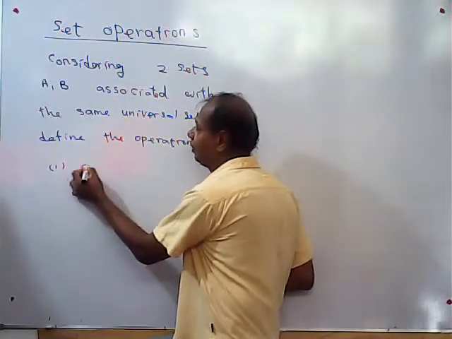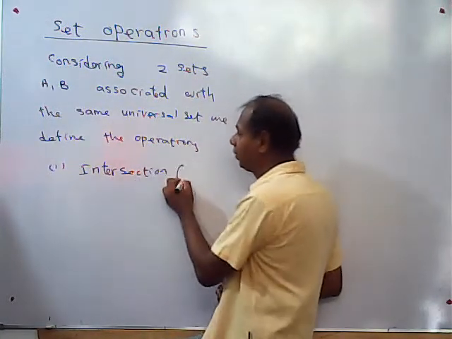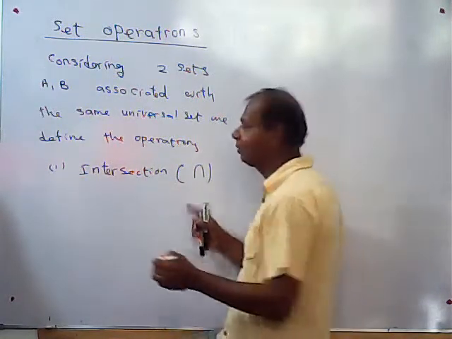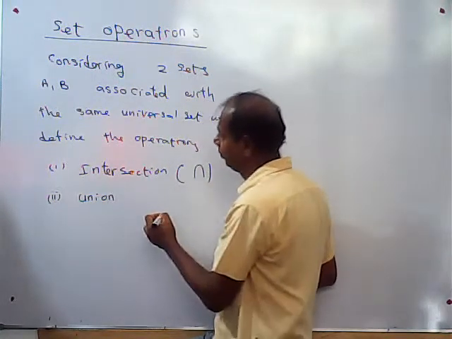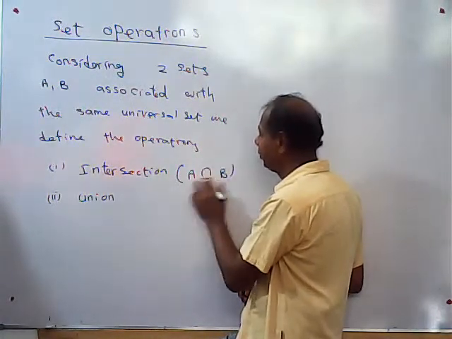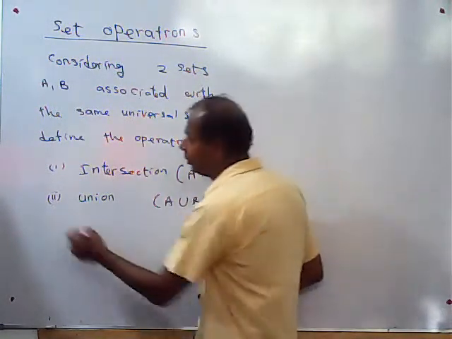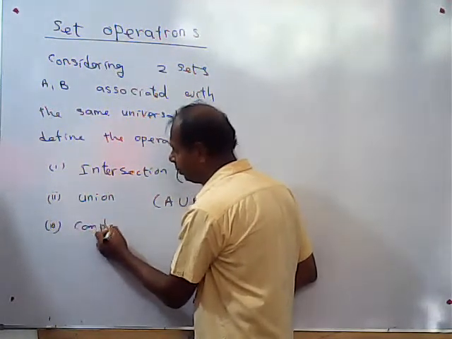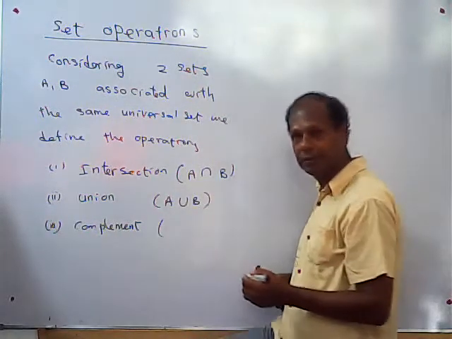Number one, intersection, denoted by this. Then union of them. Intersection, A intersection B is the notation. Union, A union B is the notation. Then complement of a set. Complement of a set, there are several notations.